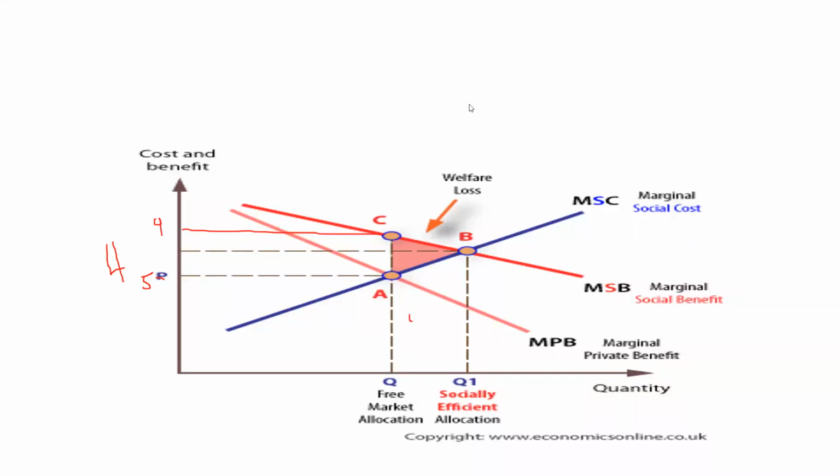All right, hang in there. I don't know, but it would shift MSC to the left and intersect with demand, and quantity would be less, right? So if the quantity is less, you're getting further away from socially efficient, and therefore it is not going to help you. All right, I think that sums up the externalities.